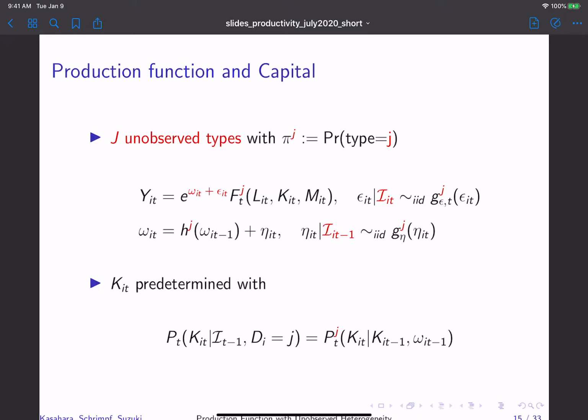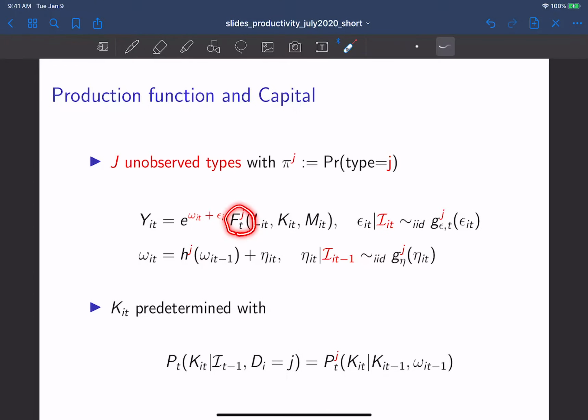So we're going to think about a mixture model where there are unobserved types. There are capital J unobserved types. Pi_j represents the population fraction of type j. And then we're going to think about non-parametric identification, so we are thinking about the production function F_tj. Notice that we have a t subscript there, and the j represents the heterogeneity of type.